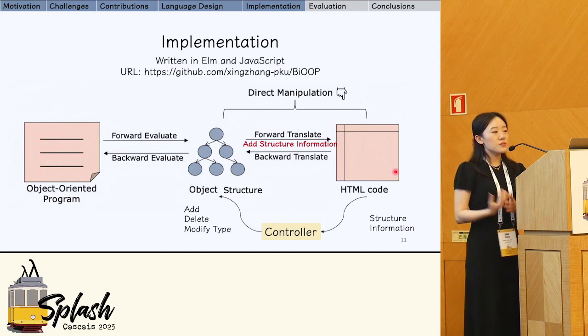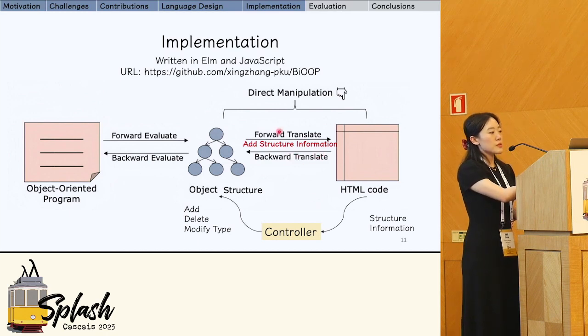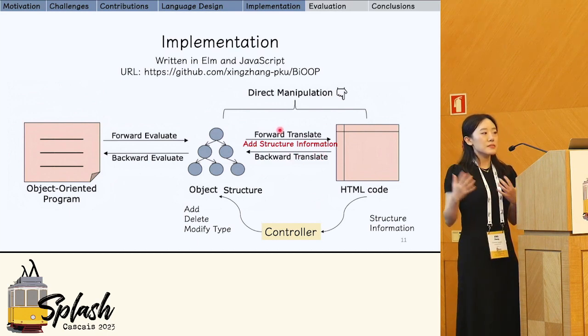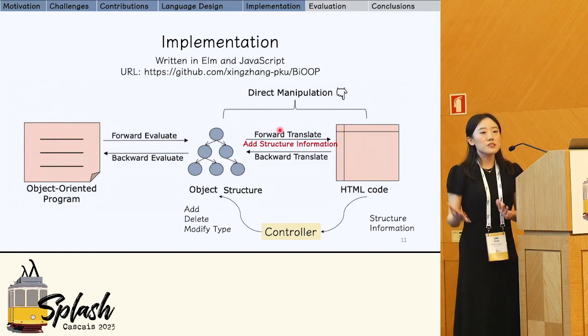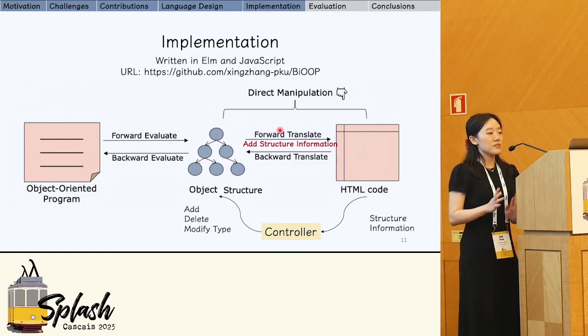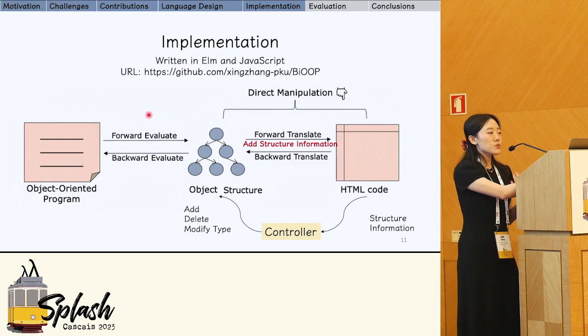And we also implement a prototype programming tool named BiOOP to support our language. To support directly manipulating an object structure produced by the source program, we adopt a two-stage bidirectionalization.